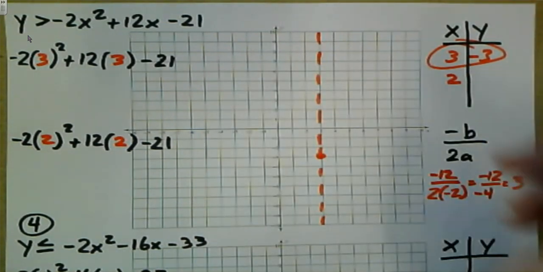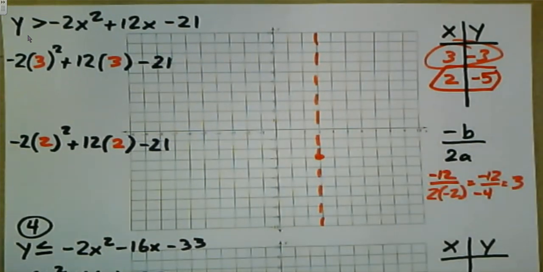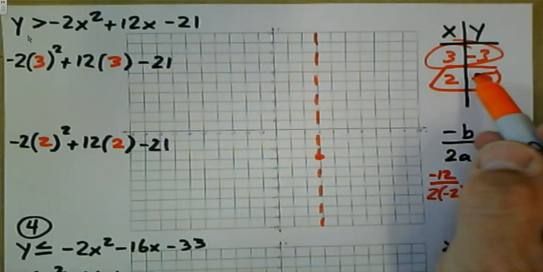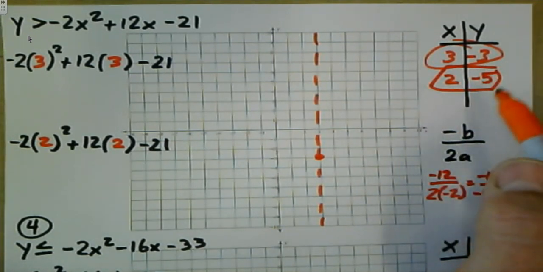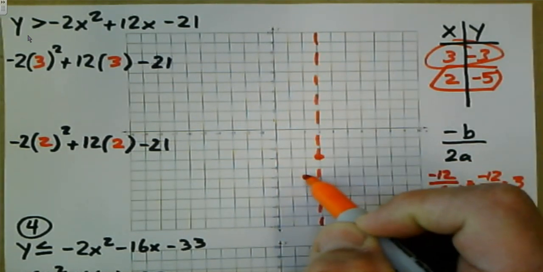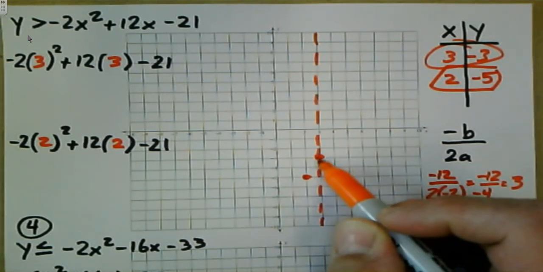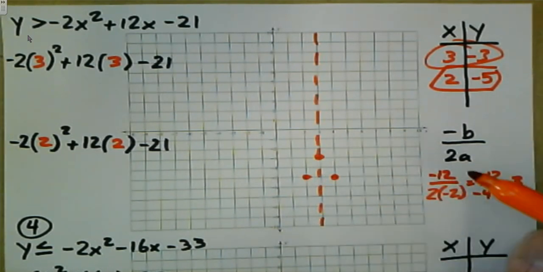And we get negative 5. So we have 2, negative 5. So we go to 2 on the x and down to negative 5, which is right there. And since we went down 2 and left 1, we go down 2 and right 1.